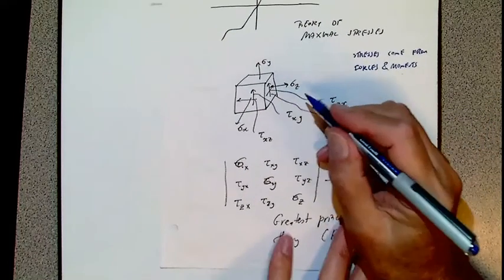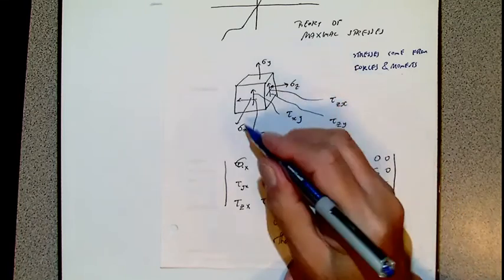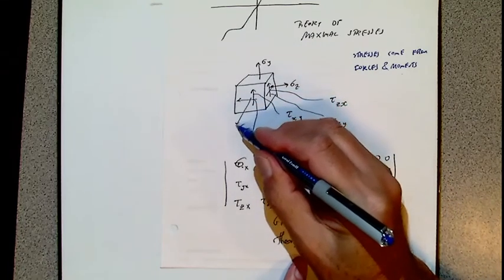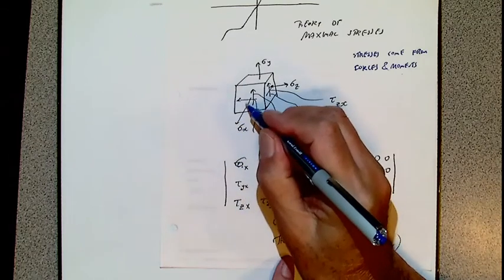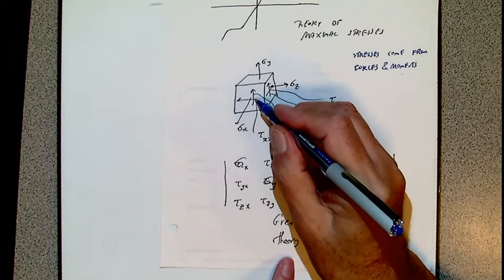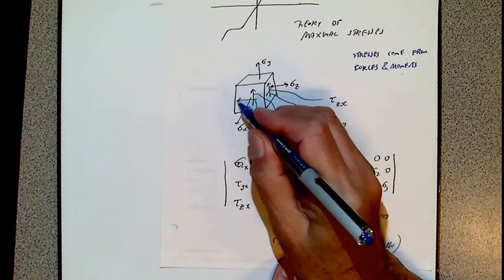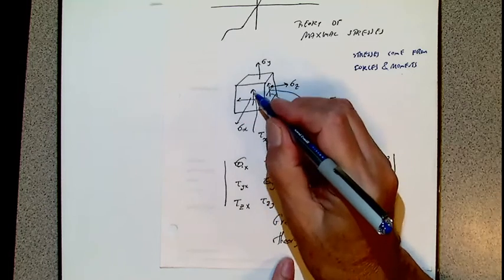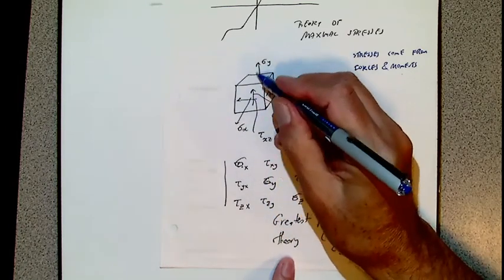Pay attention. Now, this is an element. Then this is sigma x, along the x-axis. Now, there are also shear stresses. I will tell you how we denote shear stresses in the z direction and y direction. This is y, so that is the y direction.